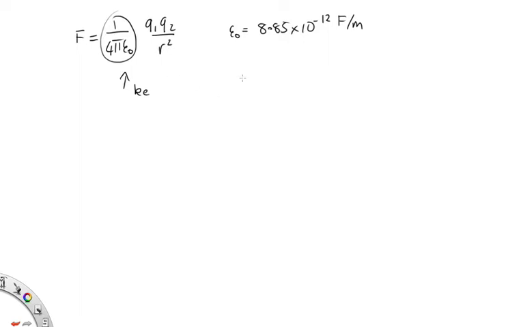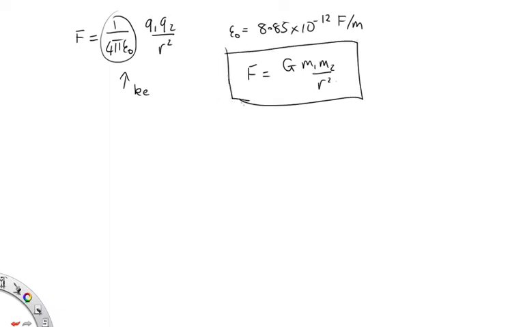You'll notice this has a similar form to the gravitational force, F is equal to G m1 m2 over R squared. They're both inverse square laws that depend on two masses, or two charges in this case. So there's lots of similarities there. Now, you should know that this is for static charges.